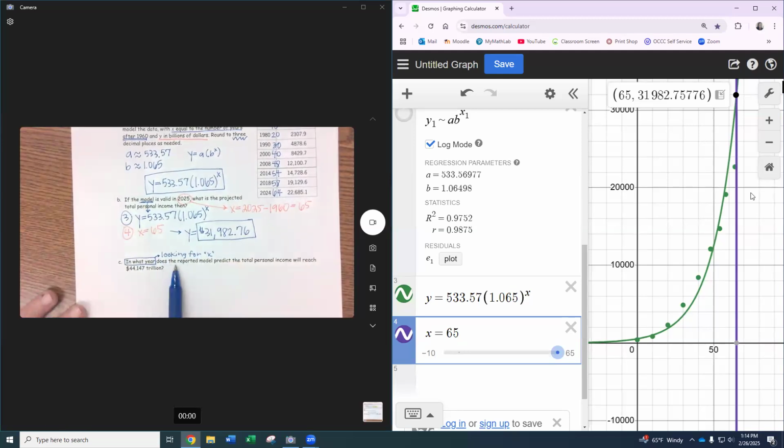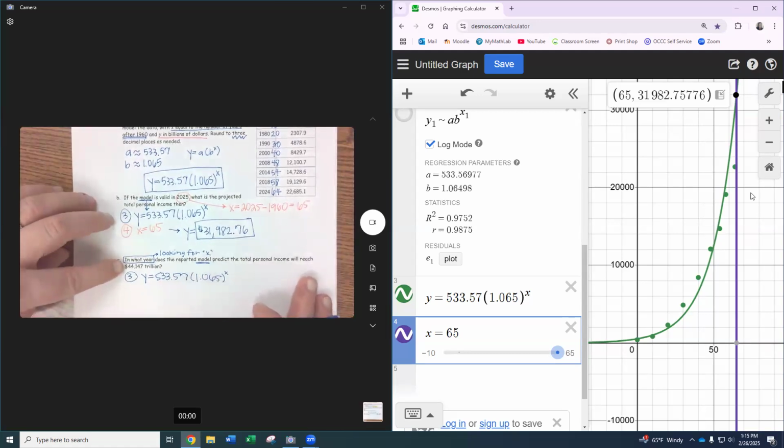In what year does the reported model again, so that tells me in line 3, we are keeping the model we found in part A. What does the model predict the total personal income will reach this 44.147 trillion?